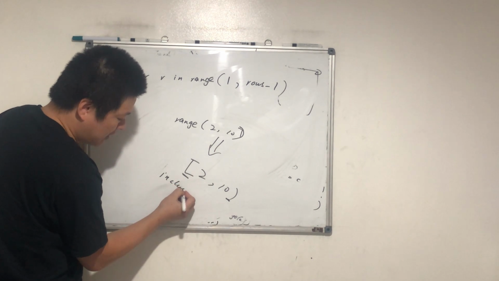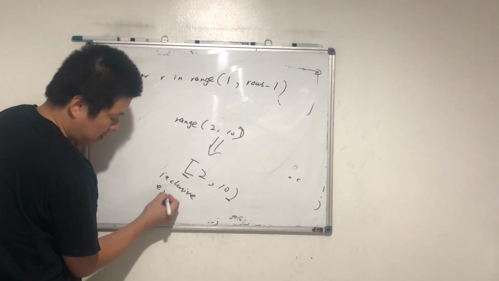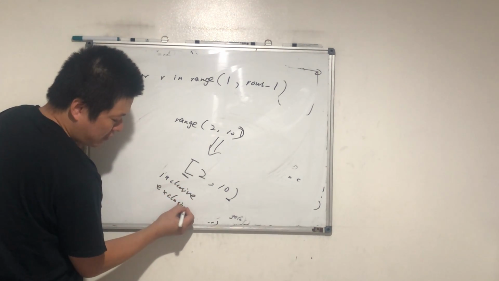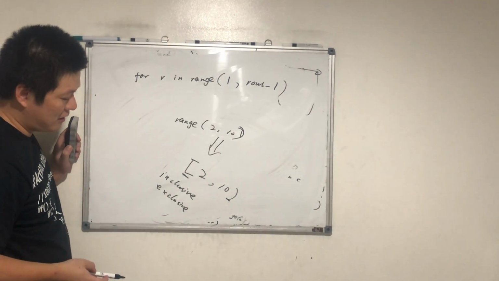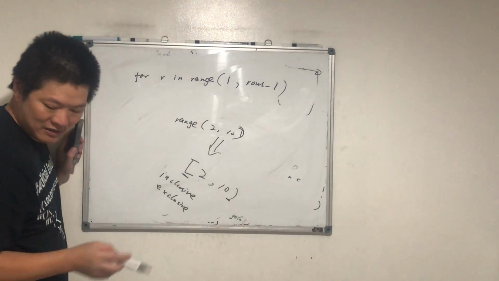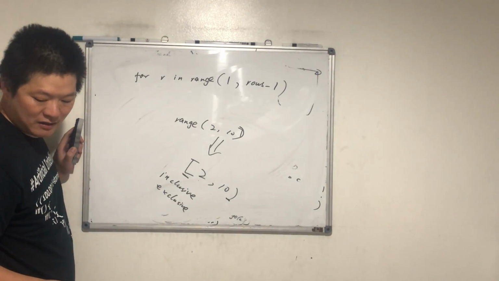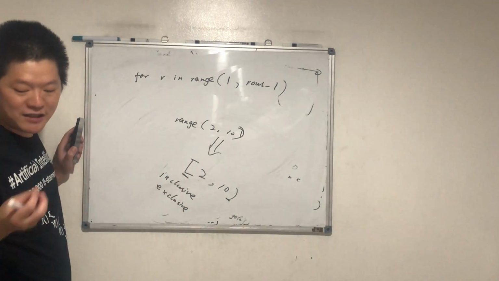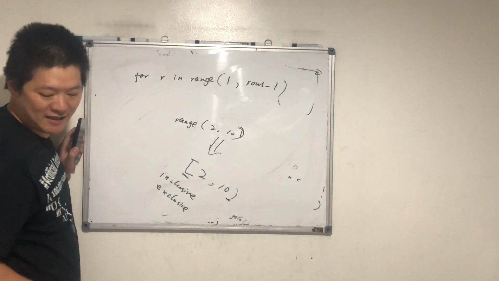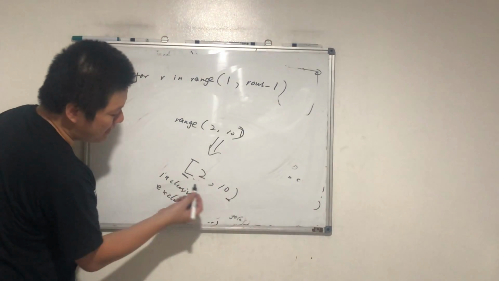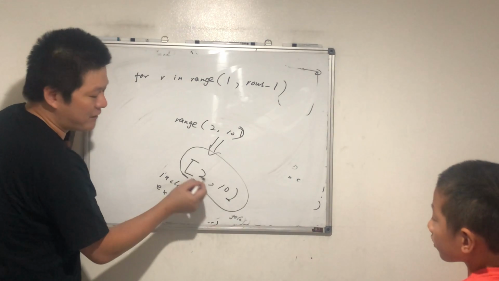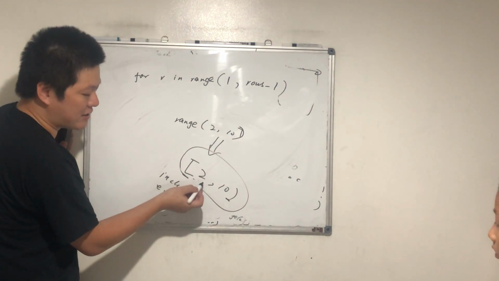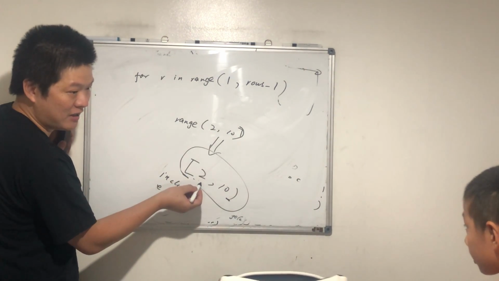What does this mean? What's the difference between them? Inclusive means that it contains the number, exclusive means that it does not contain it. So given a range, if it's integer, how many integers are in this range?